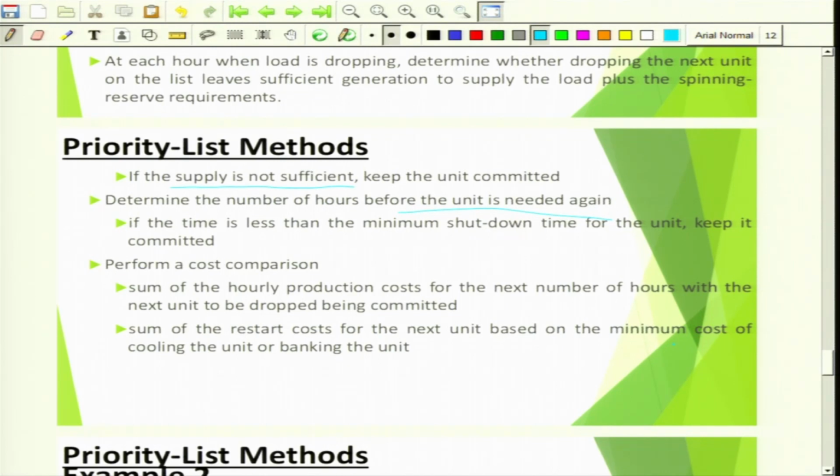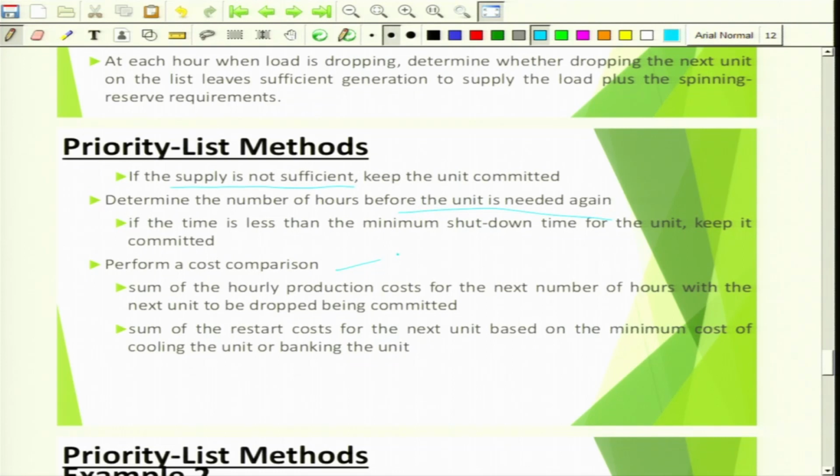If that time is less than the minimum shutdown time of the generator, then don't bring it down, you continue operating this generator. And perform a cost comparison: the sum of the hourly production cost for the next number of hours with the next unit to be dropped being committed, versus the sum of the restart cost for the next unit, based on the minimum cost of cooling the unit or banking the unit.